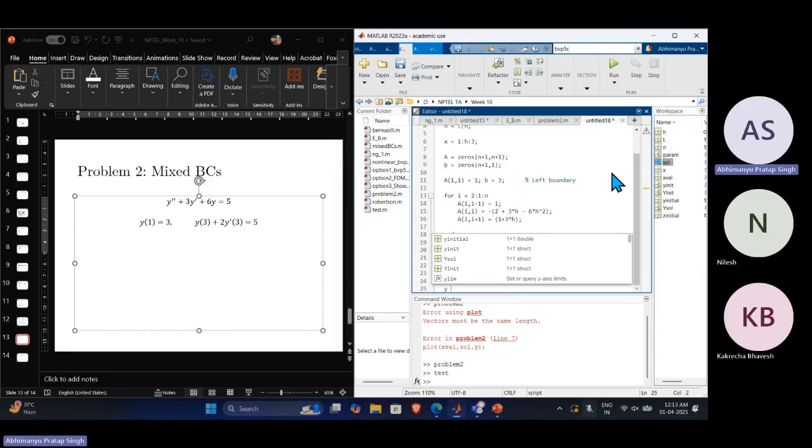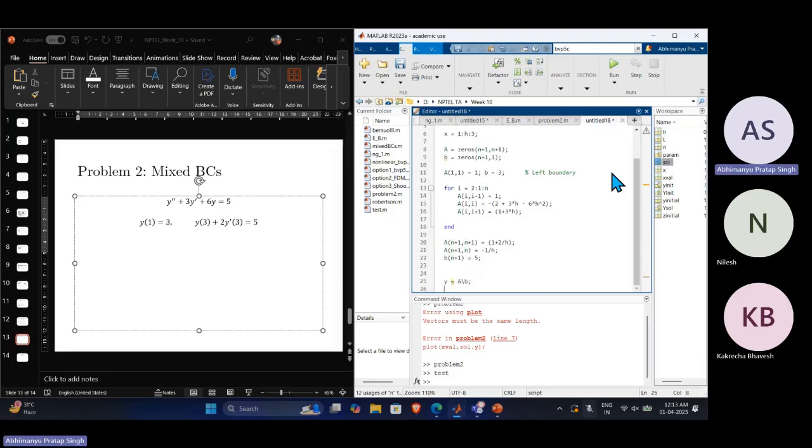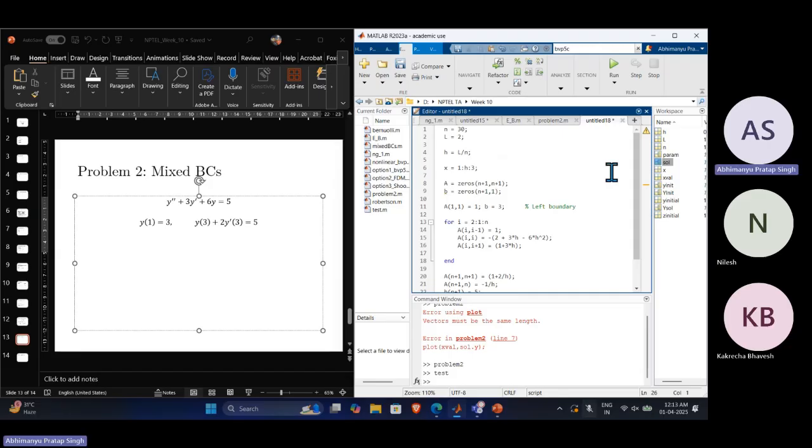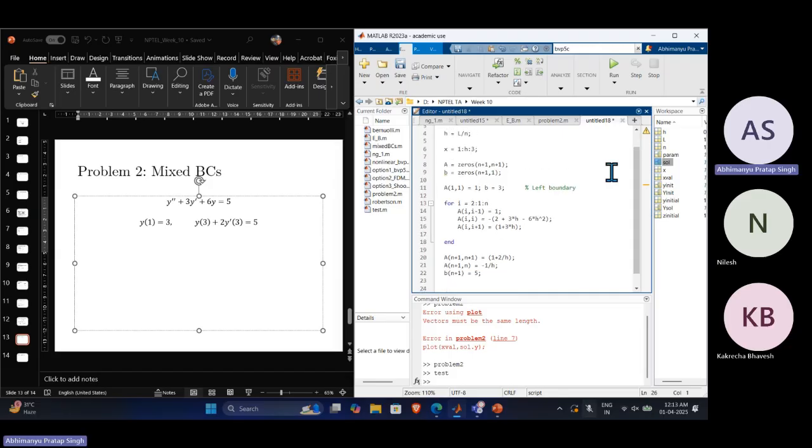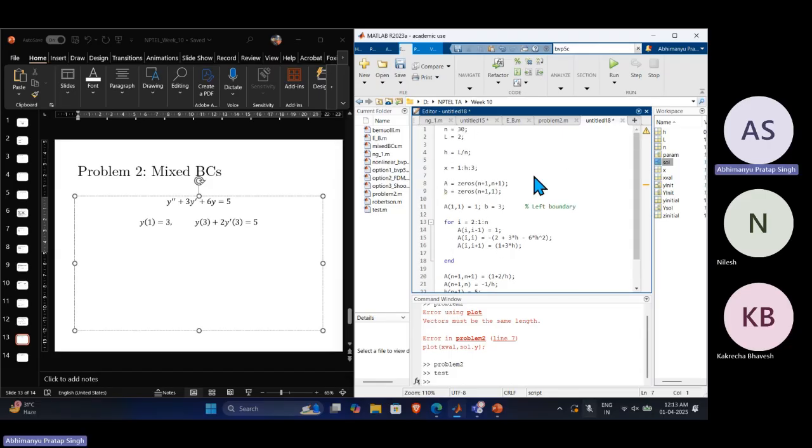Then our solution is A backslash B. This should be good enough. Okay, we need to have a B variable also here.